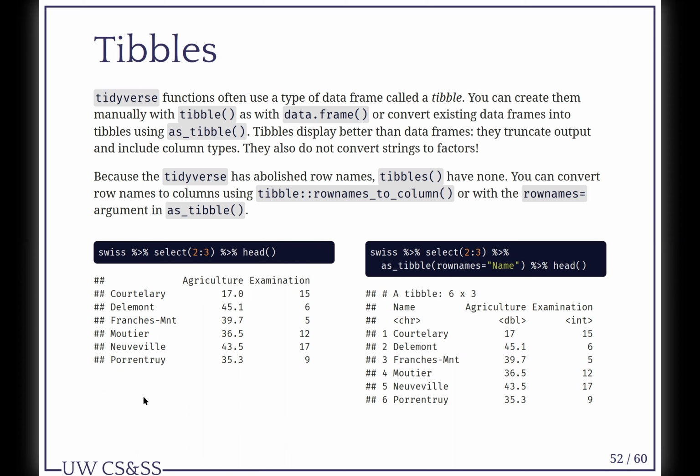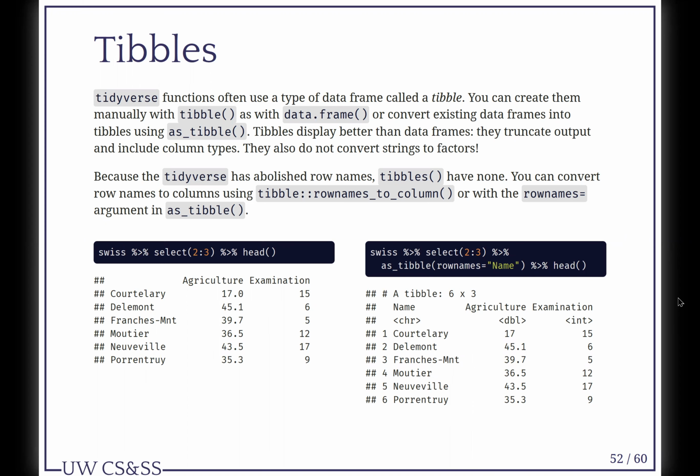Why would I want this as the name of a row when it could just be its own vector? And so here, to show you how you would get that to be its own column, you could say Swiss and then select the second and third columns and then as_tibble with rownames, and then you get to name it whatever you'd like. So I said name, and then give me the first 6 rows. And we'll see now that this is its own column.